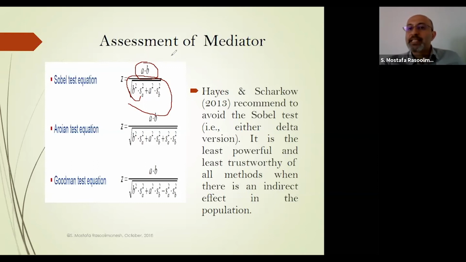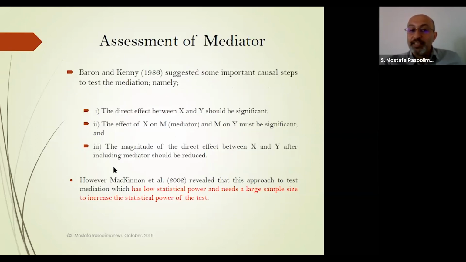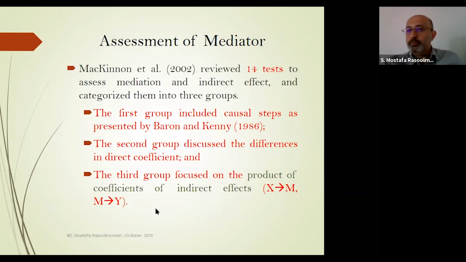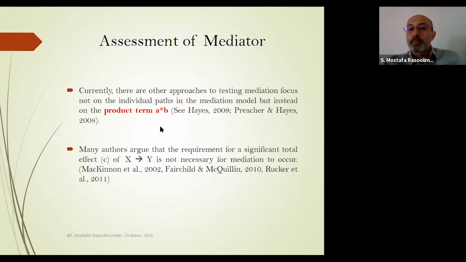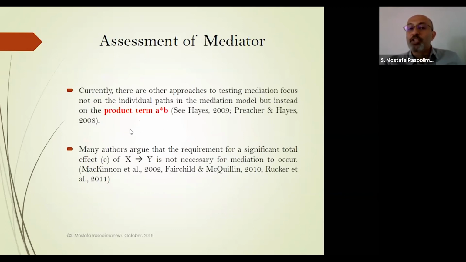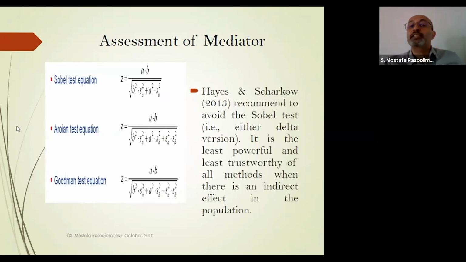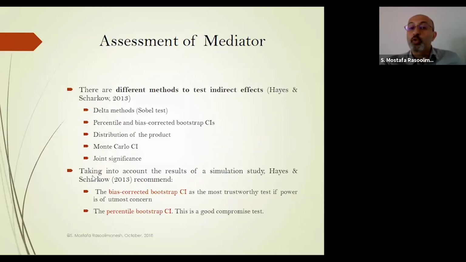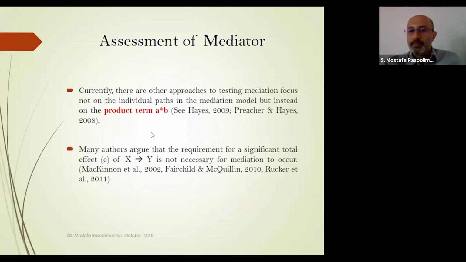So the Sobel test is one test under the third group. Baron and Kenny is one test and approach under the first group. In addition to the Sobel test, which belongs to the delta method, we have other tests, the Aroian test and the Goodman test, but all belong to the delta method. Okay?